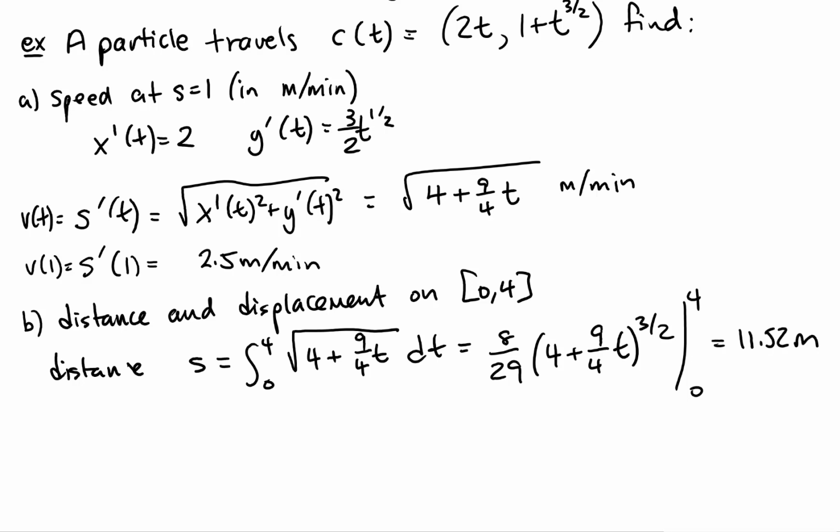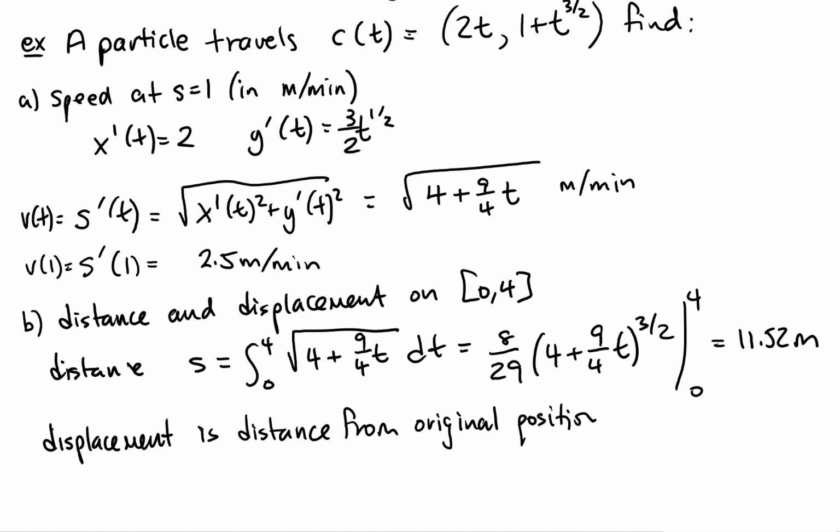So there's your distance, but the displacement is going to be the distance from the original position. And so c of 0 is going to be at 0, 1, and c of 4 is going to be at 8, and then 1 plus 4 to the 3 over 2.